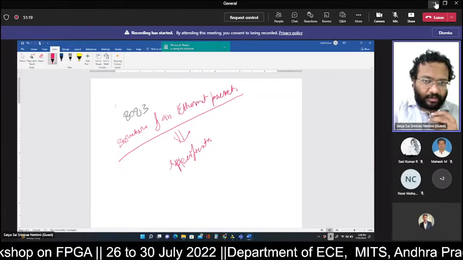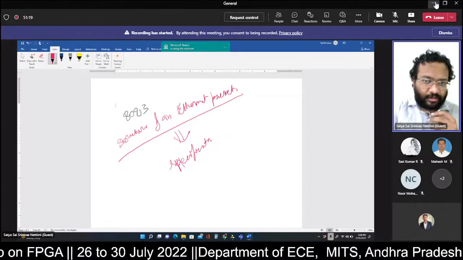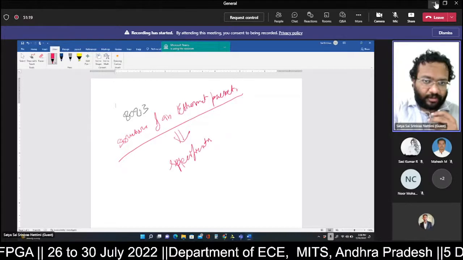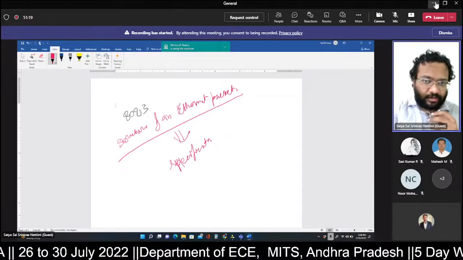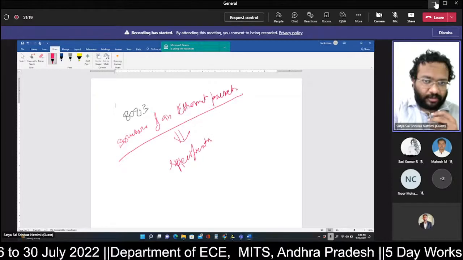Next what we have to do is, as of now, we have two outputs, right? These two outputs we have to drive via registers.